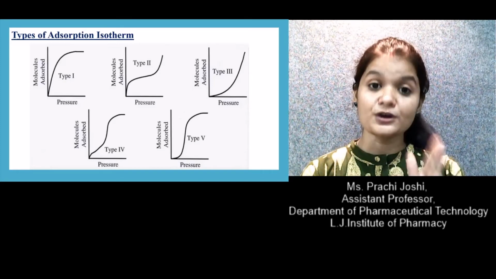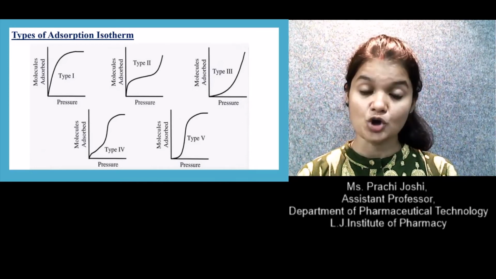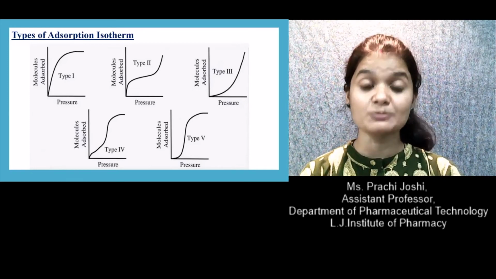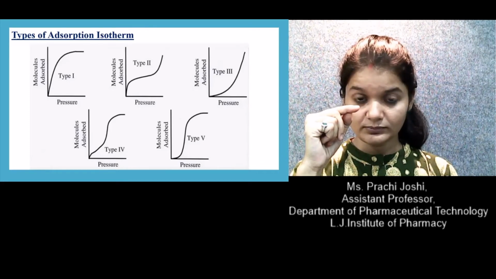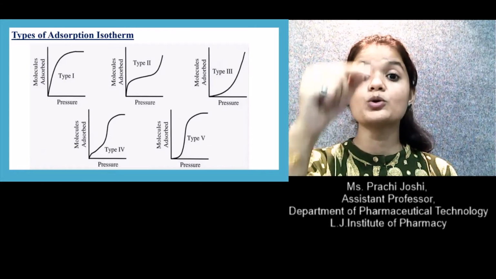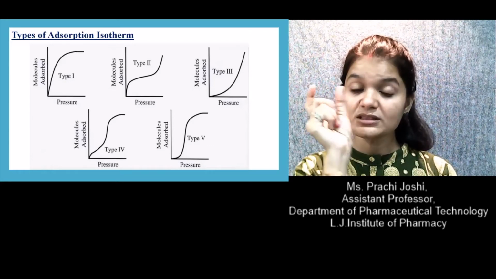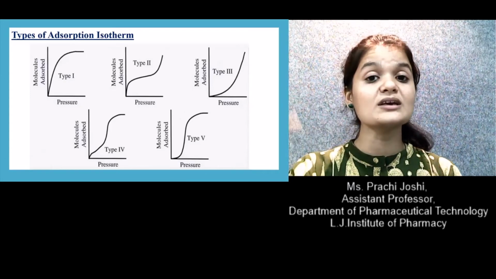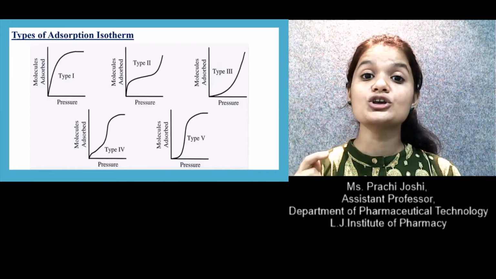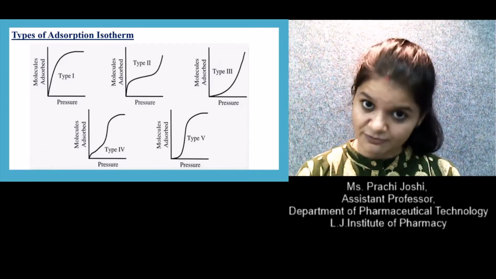First, if you plot the graph between molecules adsorbed and pressure, the first type explains that as you increase the pressure, a monolayer forms around the solid surface. But after a certain pressure, it becomes constant. Even if you go on increasing the pressure, the molecules will not have space to occupy over the solid surface.